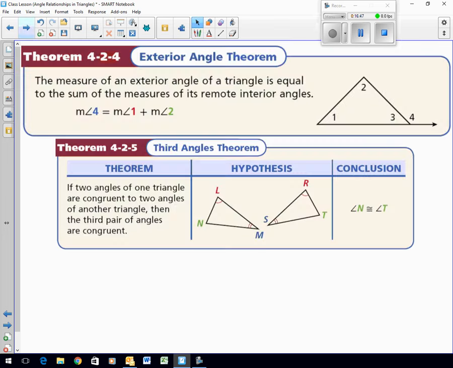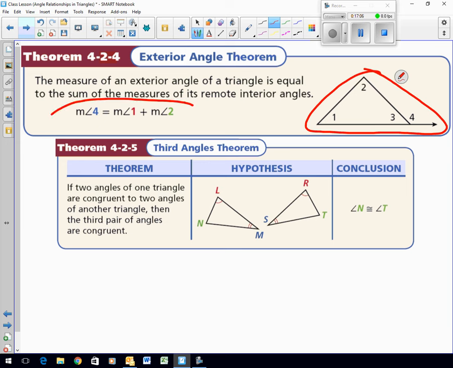All right. So we have what we call the exterior angle theorem. We have something called the third angle theorem. Here's what I want you to write down for the exterior angle theorem. If you've already drawn this diagram, go ahead and draw the diagram, and then write that equation right there. I will read the definition for you.